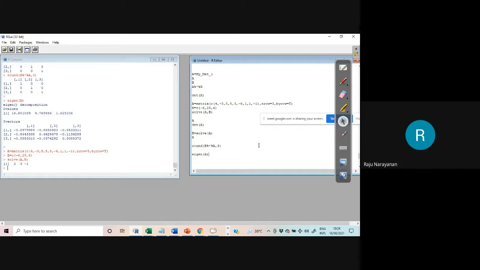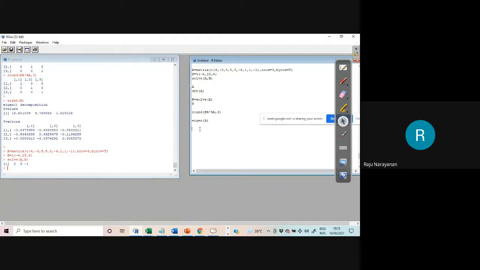These are important operations with respect to matrices. And for statistics people, generalized inverse is also there. That is available in library MASS. I will come to that.